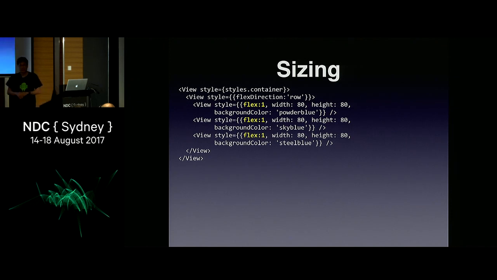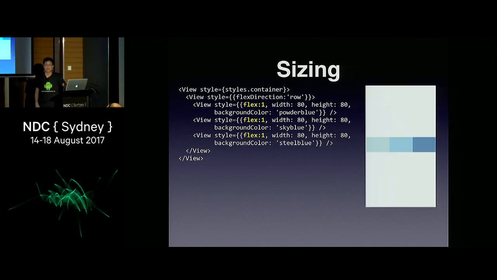Now, tell me, how is this going to look like before I show you the answer? It will distribute the size equally because each one says flex 1.